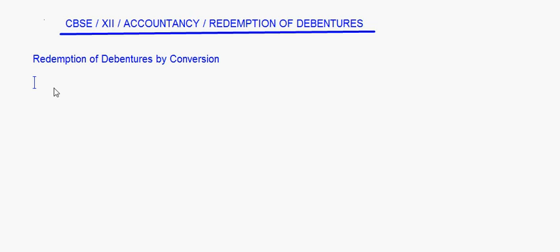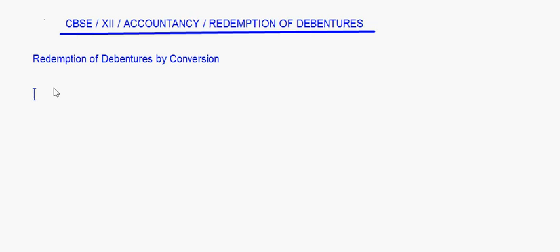Normally when the debentures are issued, the debentures are redeemed after a fixed period of time, let's say 5 years, 8 years, 10 years, whatever the case may be, right? Now there are certain cases in which the debentures can be converted into shares or maybe a new class of debentures.